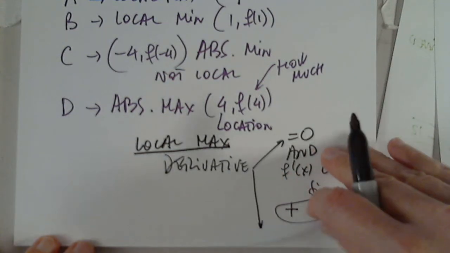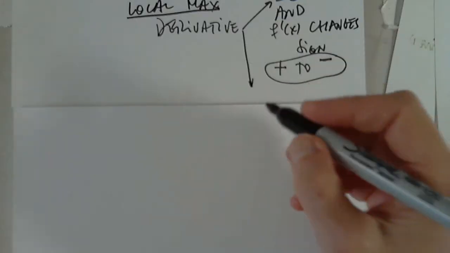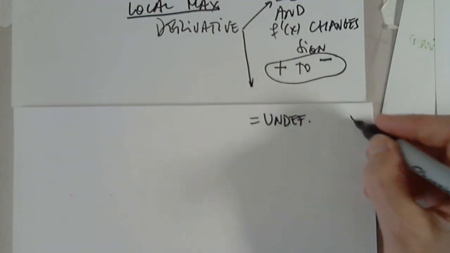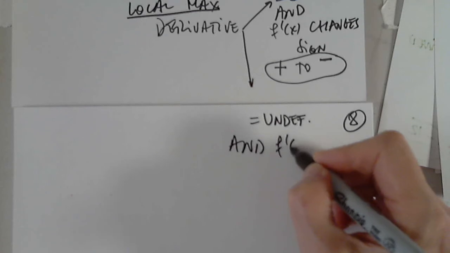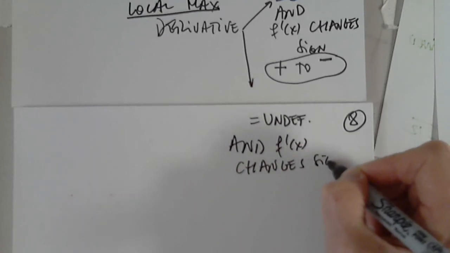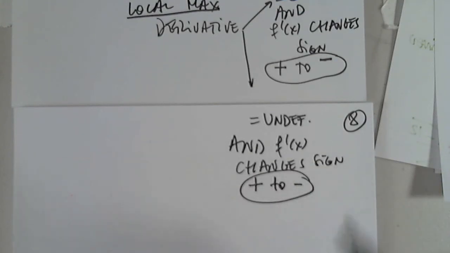Or the second possibility is the derivative is undefined, and f prime changes sign from positive to negative. Those will be guaranteed to be local max, those points.